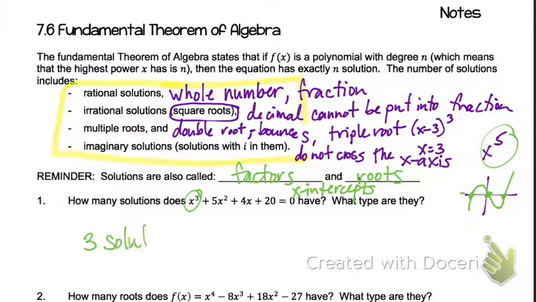Now I want you to graph this in your calculator and tell me what type they are. So you get one rational because that is at x equals -5. And then that's the only time it crosses the x-axis. So that means that the other 2 must be what? Imaginary.